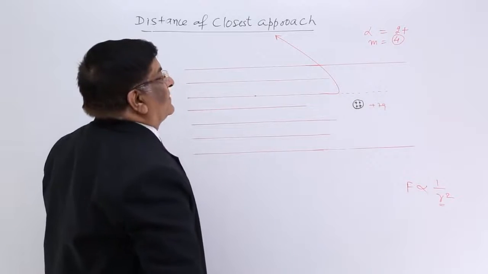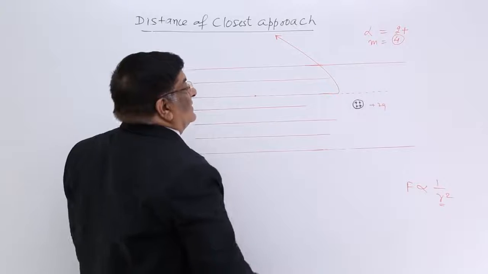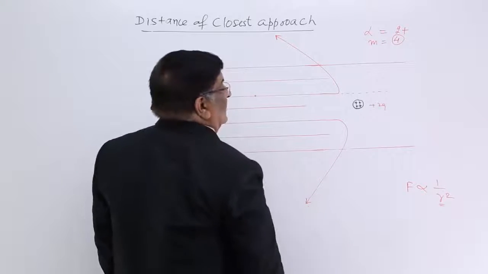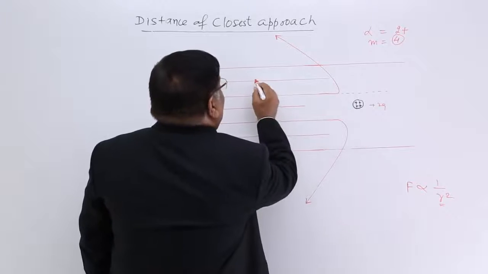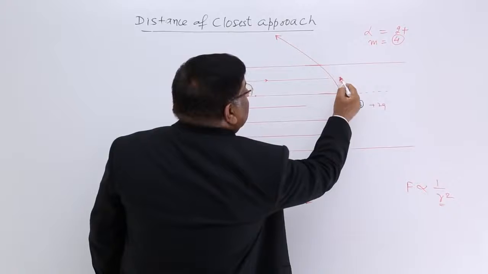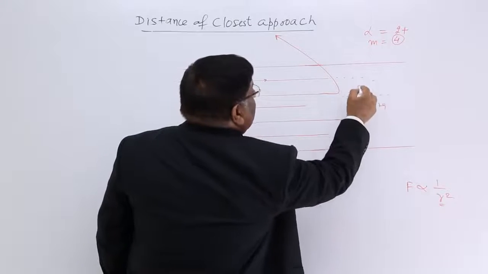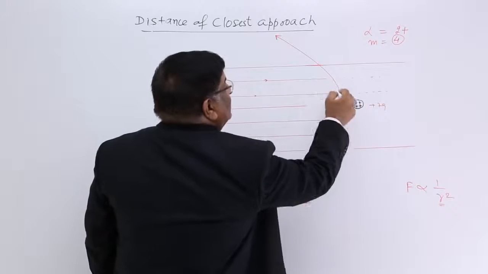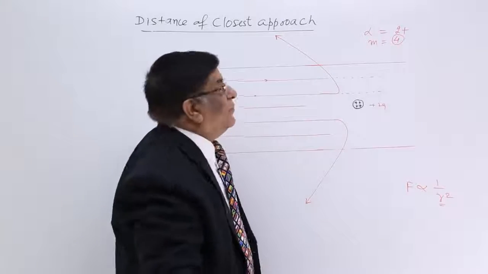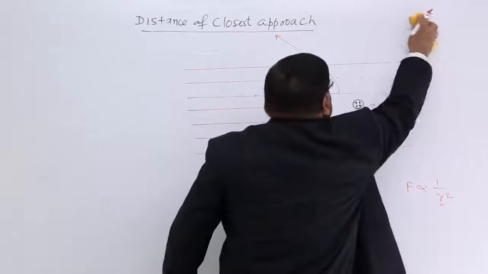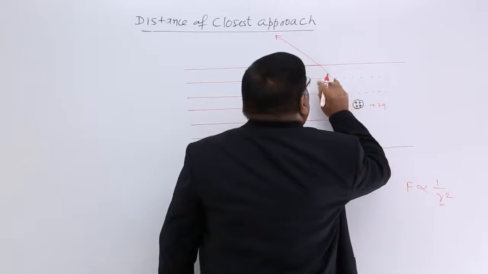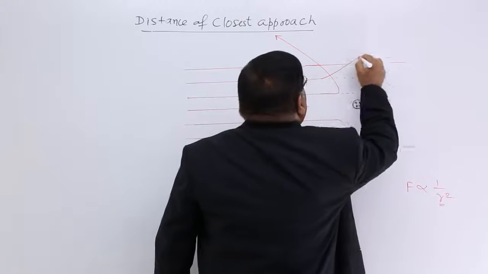Because the force was very large, the same thing happens to this, reflected. Now this second one, see this one. This distance is a large distance, so the force is slightly less. And if the force is less, then the deflection will also be less, and this goes like this.